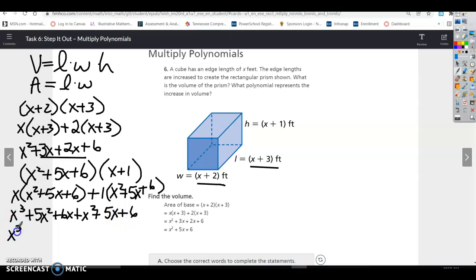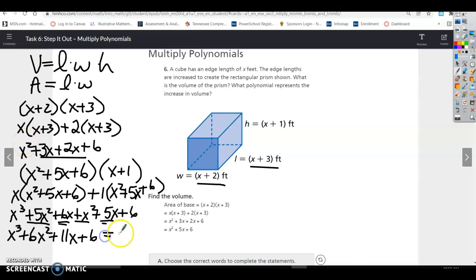So I'm going to have x cubed. I've got 5x squared and 1x squared. 5 plus 1 makes 6x squared. That's a 2. So I've got 6x plus 5x. 6 and 5 give me 11x. That's here. And then plus 6. So the volume is here.